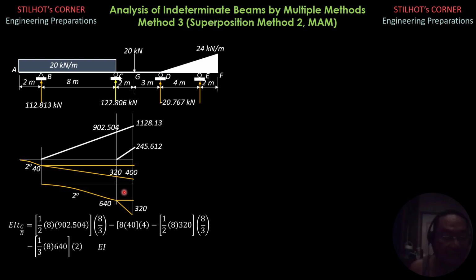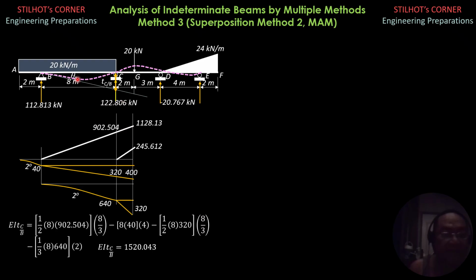So evaluating, that's equal to EI division of C relative to B 1520.043. Then theta B, that's positive, so this is the expected tangent and elastic curve. So above, C is above the reference tangent.